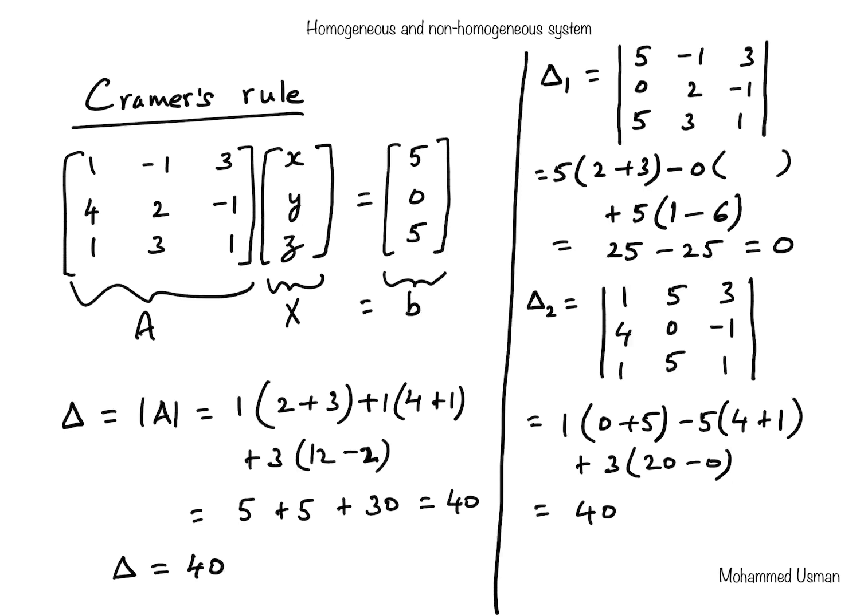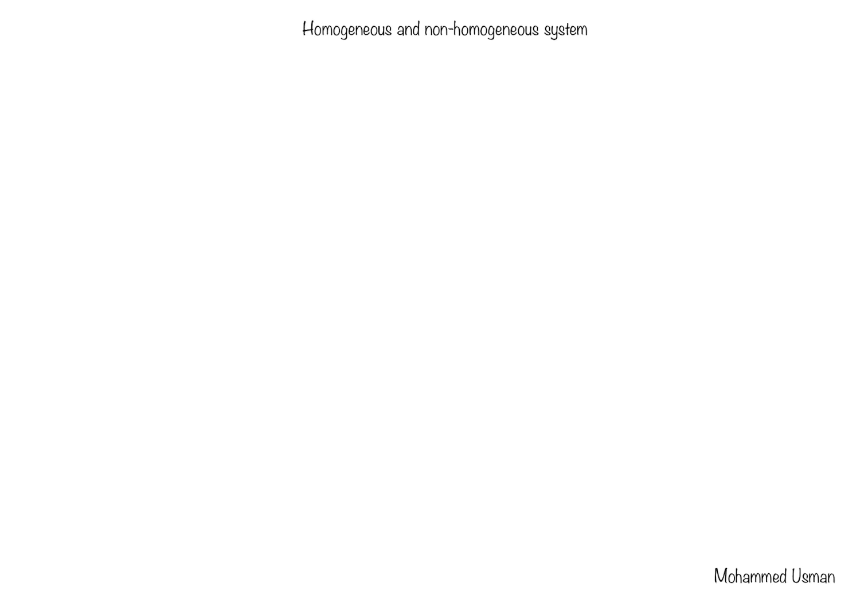Similarly, we'll now compute delta 3. And for delta 3, we will replace the third column of A with the vector B and compute the determinant. So for delta 3, the first two columns would be as they are, 1, 4, and 1, minus 1, 2, 3, and then we have the third column which we will replace by the vector B and compute the determinant.